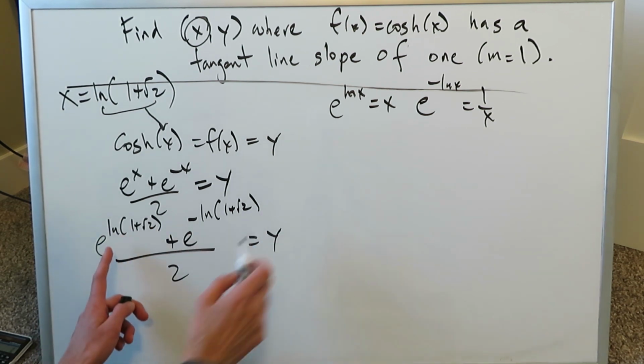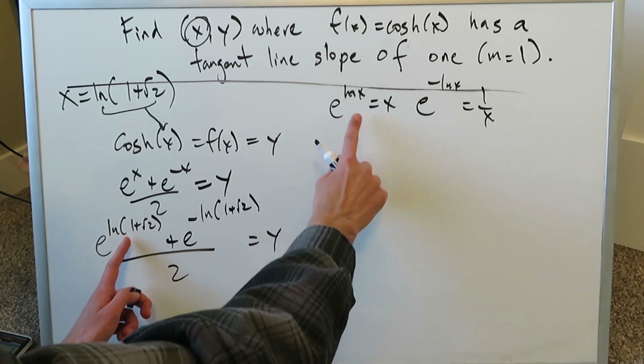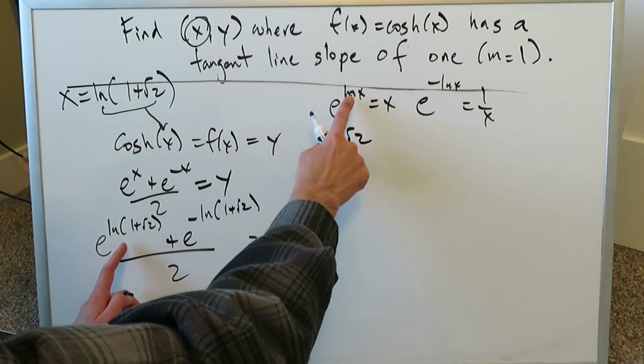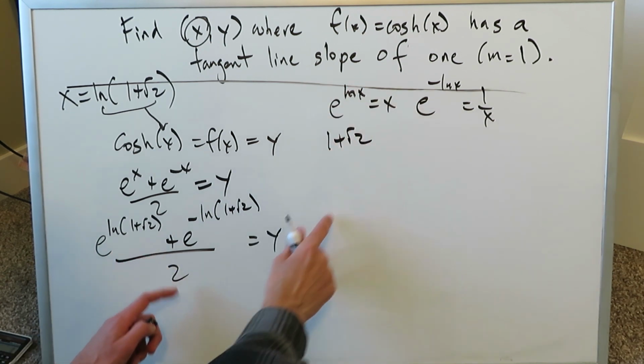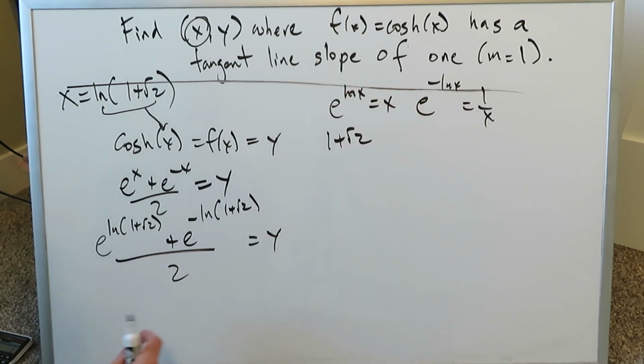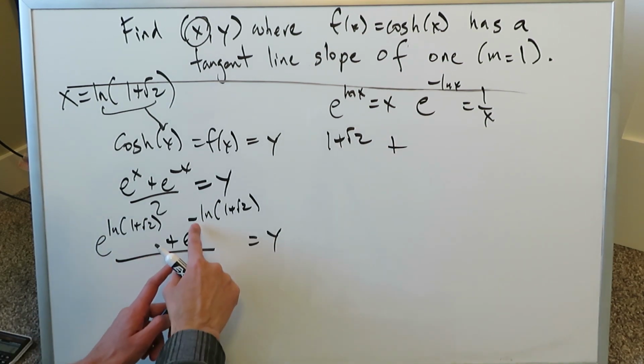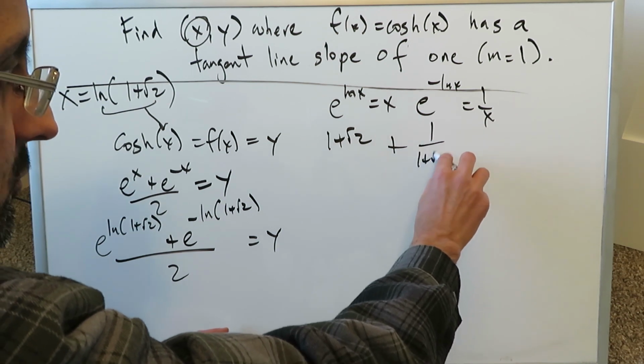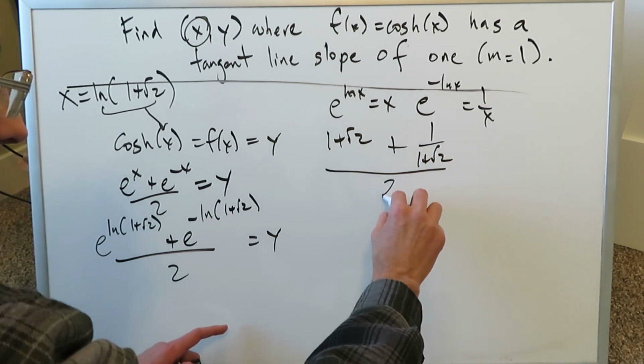This right here, e to the power of ln of 1 plus root 2, will become just 1 plus root 2. The e to the power of natural log goes away. You're left only with the exponent that comes down as a base. Plus, you have over here e to the power of minus natural log of 1 plus root 2. Based on this, it'll become 1 over 1 plus root 2. And then at the very bottom you have this 2 sitting.